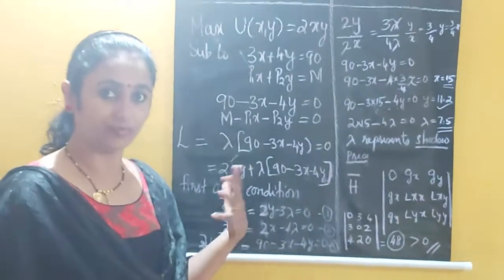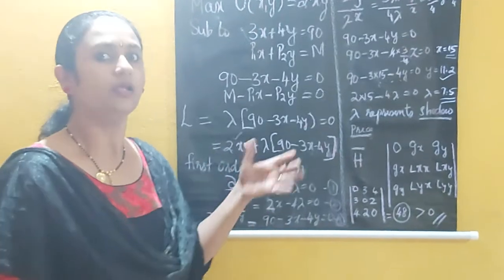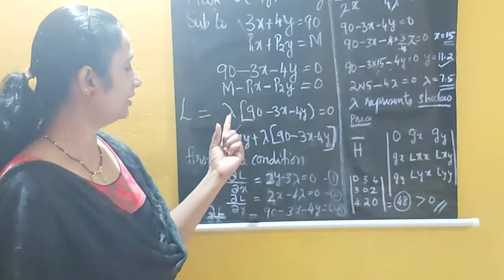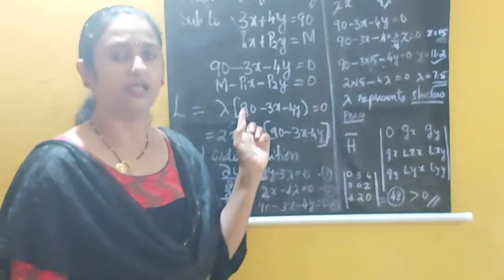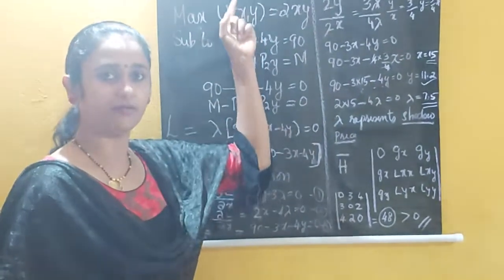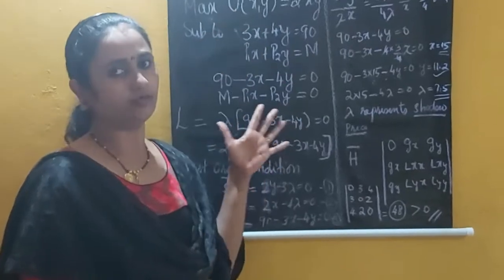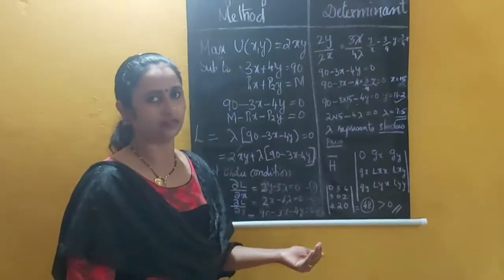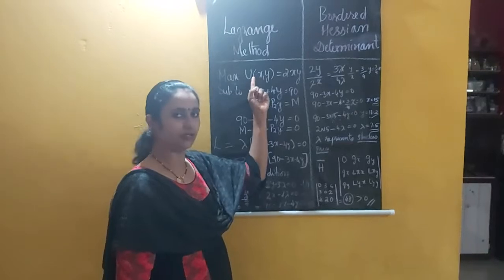And here we have to consider why we are including this lambda in order to get an optimized value in a function, because this lambda represents change in utility, change in main utility function. Not only in utility, whatever be the function, here it is utility.